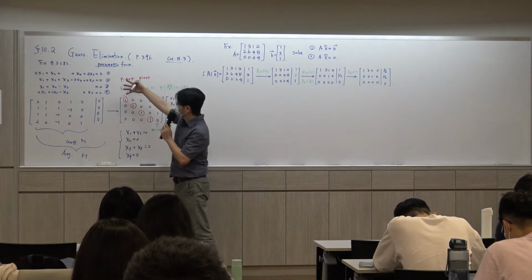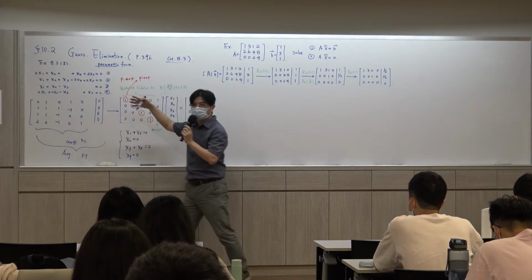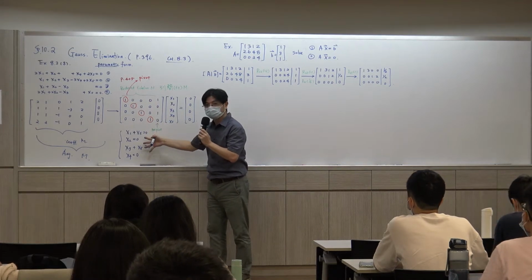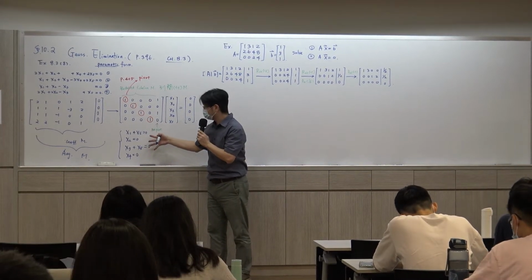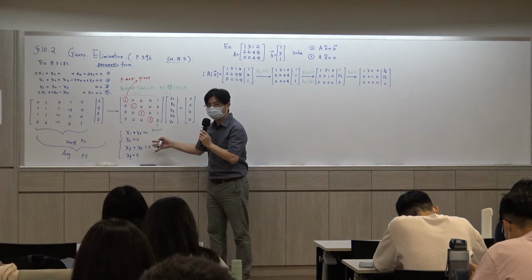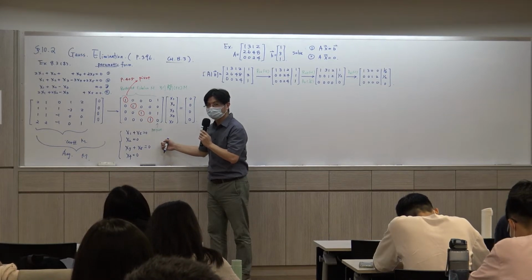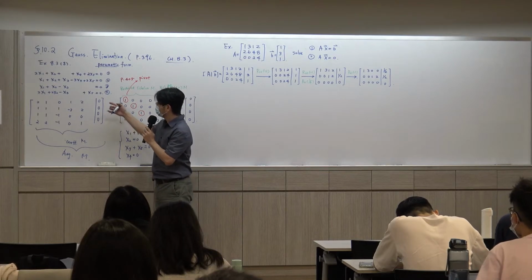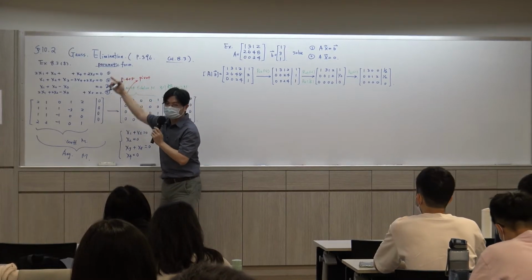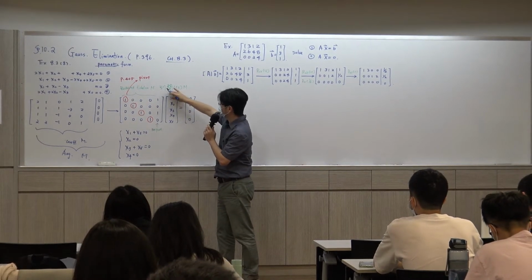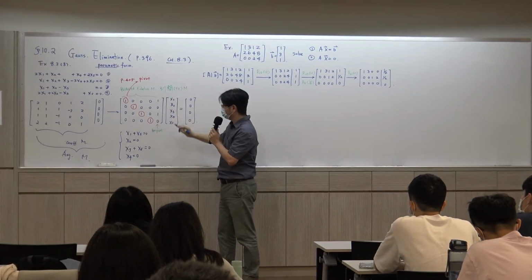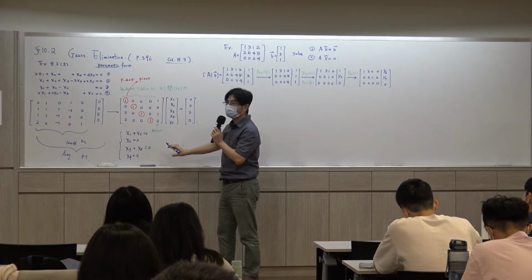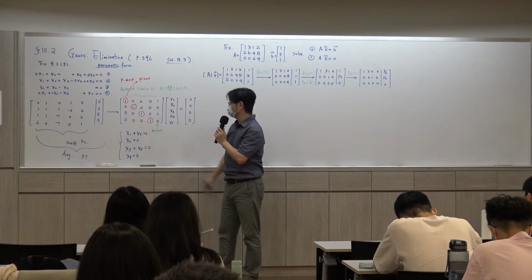So the 4 equations become 4 simplified equations here, because we performed Gauss elimination to get the reduced echelon matrix. So we can simplify the entire system here.